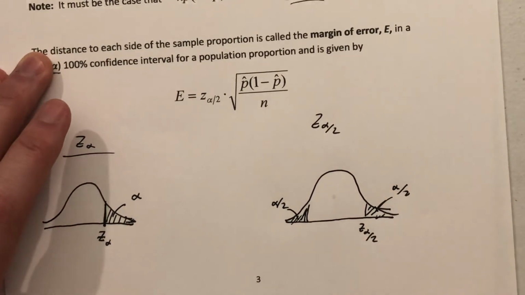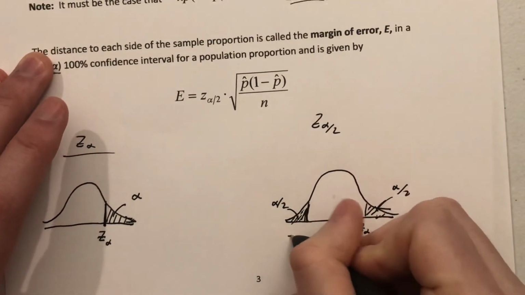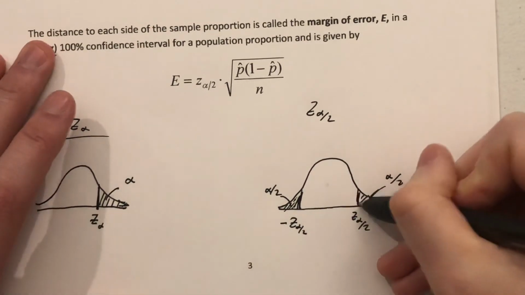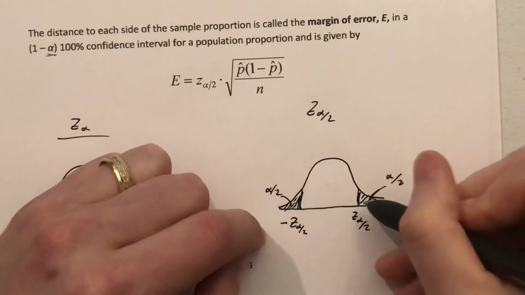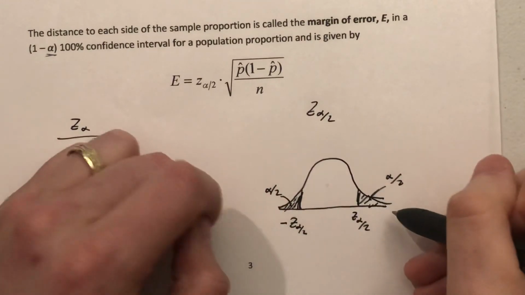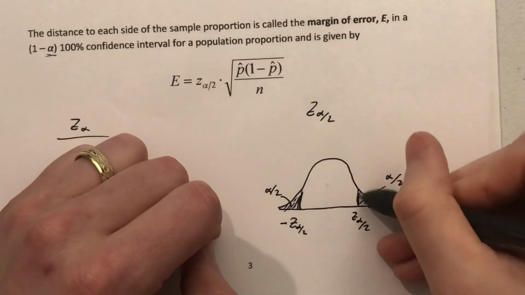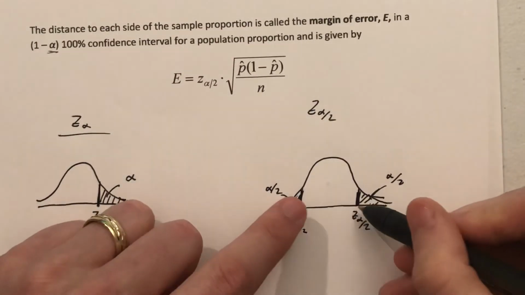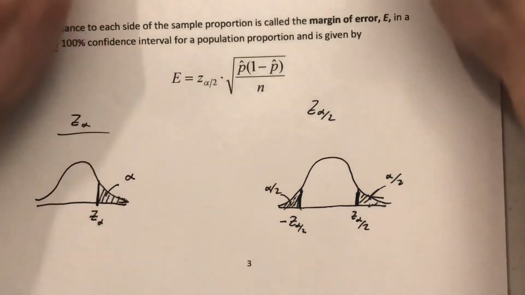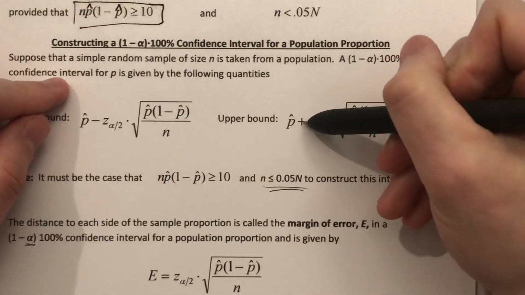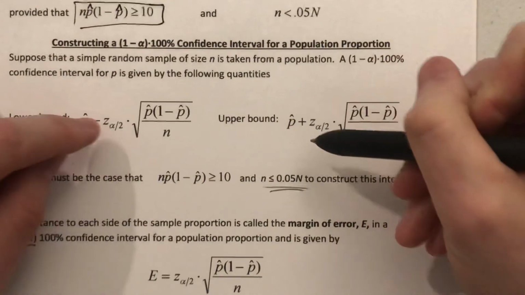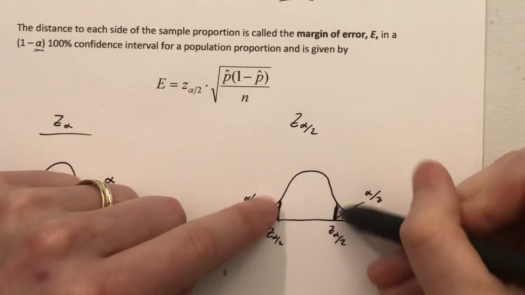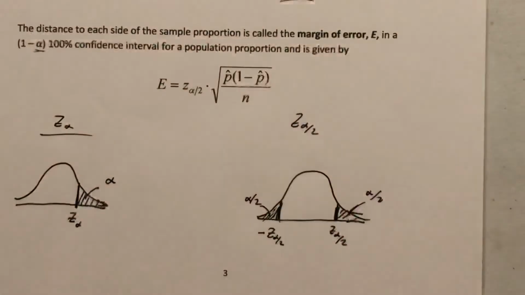That's z sub alpha over 2, and technically this one is the negative of z sub alpha over 2, because these are symmetric. They're the same distance from the center, same amount of area, right or left. So this z-score is positive, and this one is just the negative. But you don't even need to worry about that because that's built into our formula, where we're adding it here and subtracting it here. This takes care of it for us. It gets us these two important values that are the endpoints of our interval.